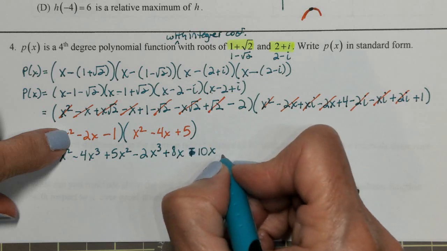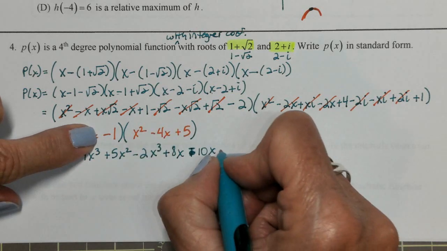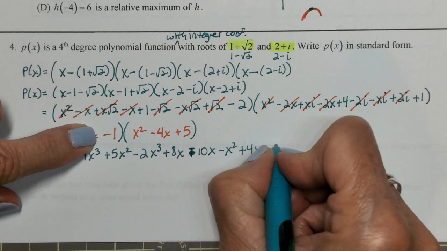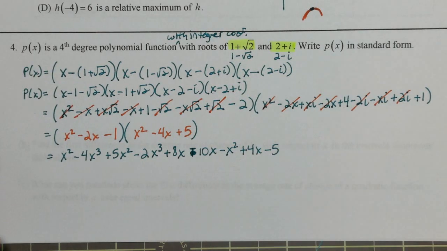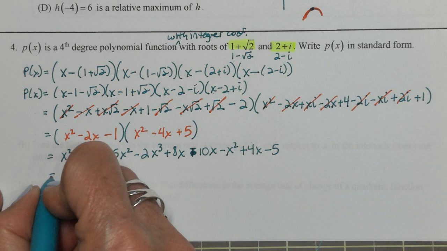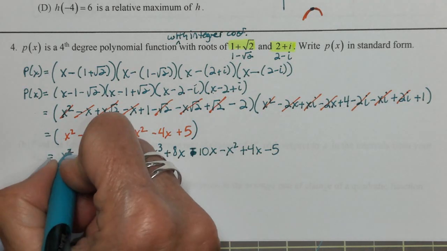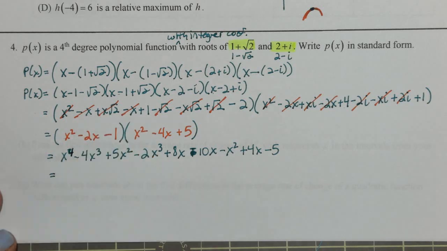Minus. Okay. Negative x squared plus 4x minus 5. Okay. Lots of places to make little errors, right? Oh, and I can see I said x to the fourth, but I wrote x squared.